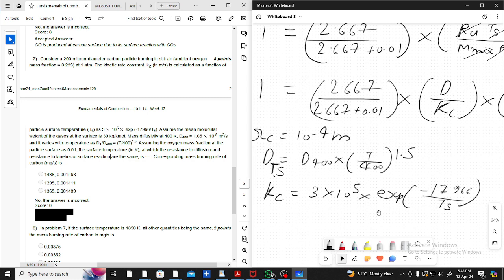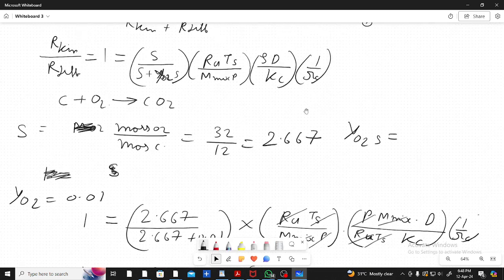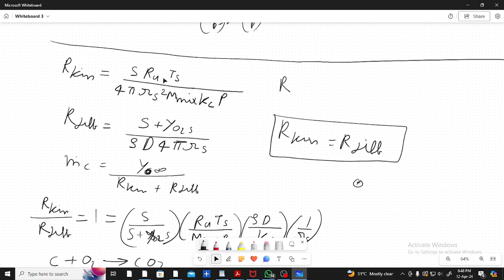So we need to substitute these values and we will get one equation, one unknown. What is unknown here? These two are the relations for the kinetic resistance and the diffusion resistance, and they have given that kinetic resistance is equal to the diffusion resistance.